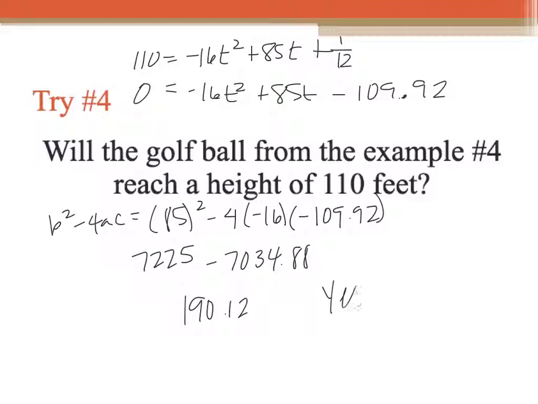So yes, it is going to reach a height of 110 feet, because it would have two real solutions.